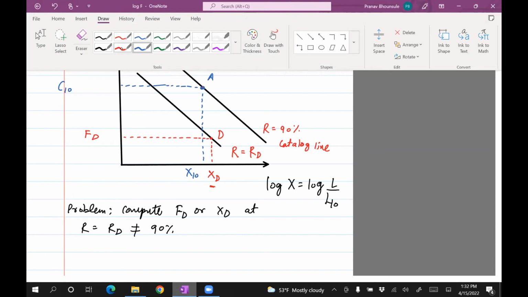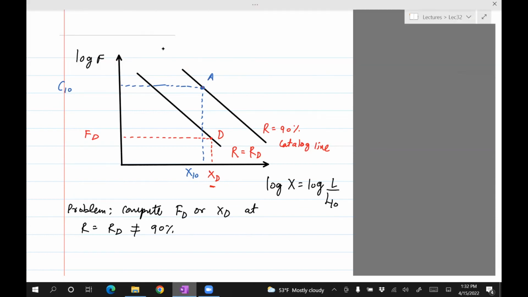Now, when you draw this line, the dashed line I drew, that line intersects the horizontal line at A, and intersects the line at R equals RD at some point. So let's call that point B. And we can see that the C10 is the same as FB because it's a horizontal line and the load is going to be the same.